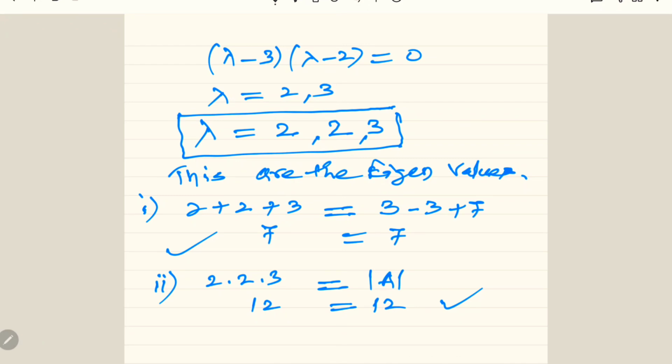And as these properties are true, the characteristic equation and eigenvalues we have obtained are correct ones. And if you know that it is correct, you know that you will get full marks. Means you can fix your marks also by checking these types of properties.